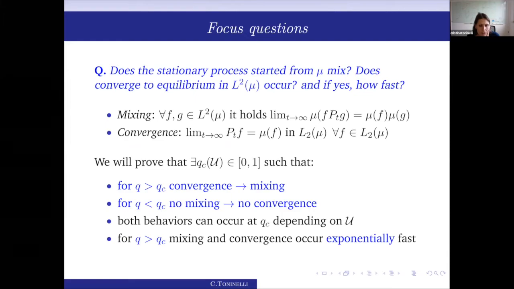So we will answer this question. We will prove that, depending on the choice of the update family U which defines the model, there exists a critical density, which belongs to the interval 0, 1, such that when the value q, which is the parameter that determines the density of empty sites in the equilibrium measure, is larger than this critical density, the process converges in L2 and therefore mixing also occurs.